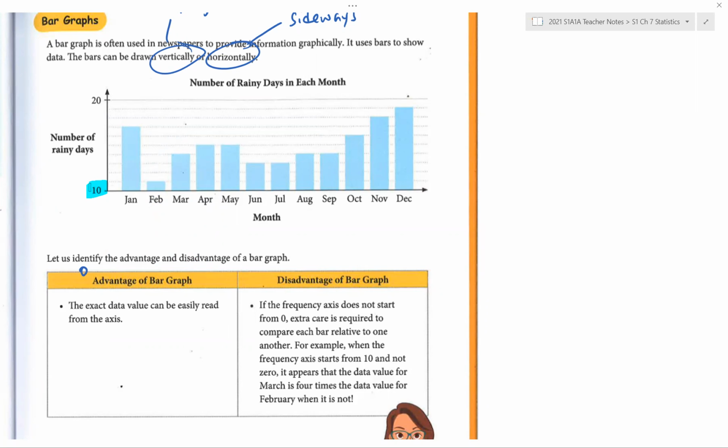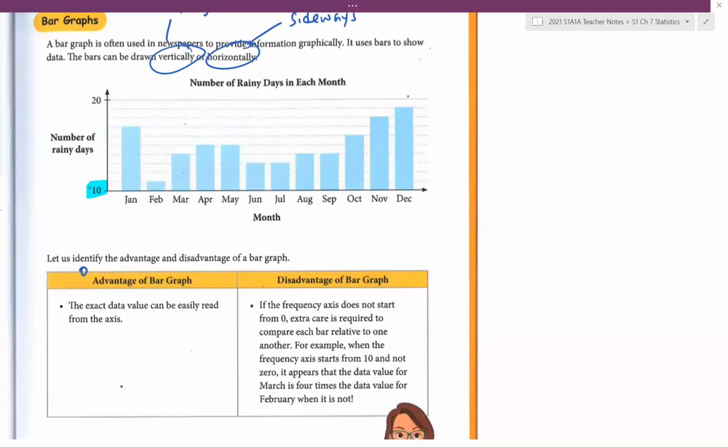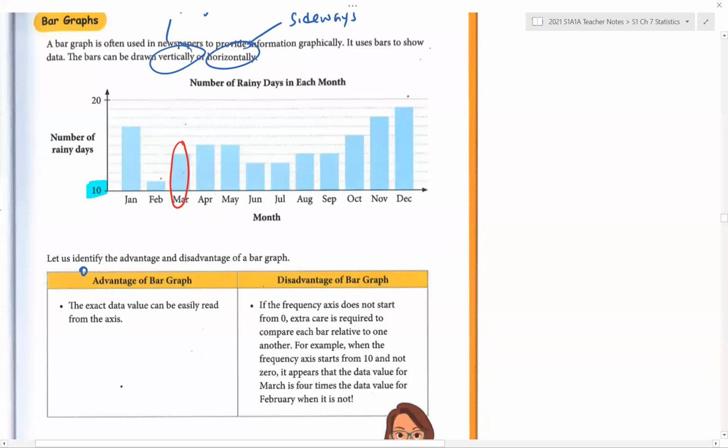If they don't start from 0 like this, then it will make us think that the difference between March and February is a big difference. But actually, it's just a small difference. That is due to the vertical axis not starting from 0. So these are the advantages and some of the disadvantages that you can read by yourself.